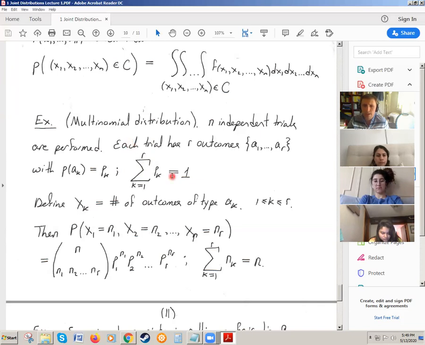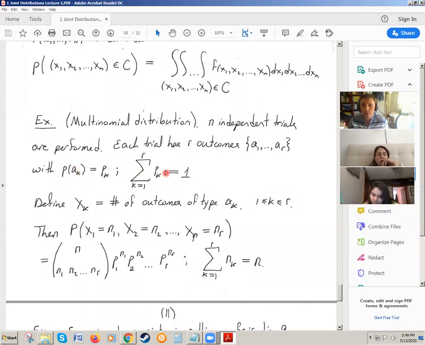That is, for example, when you perform an experiment, and each trial of the experiment, to be precise, has a multiple number of outcomes, right? So the outcomes are, let's say, A1 through AR. And each of them has a particular probability of happening, right? So we can create the multinomial distribution, which is a generalization of binomials.